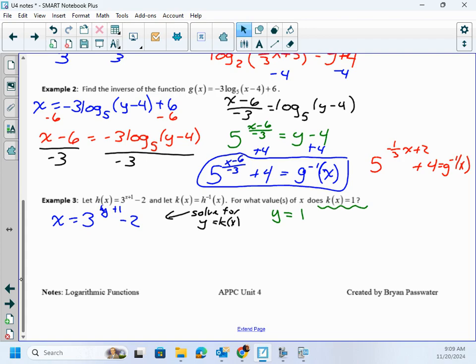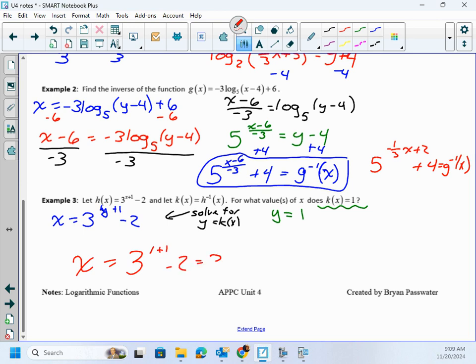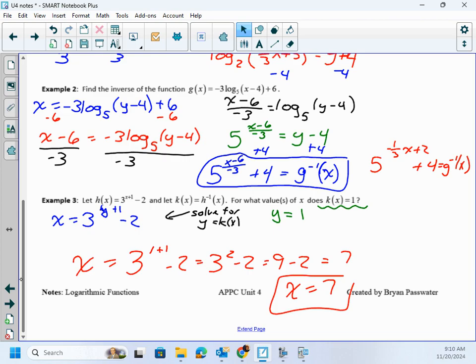I know where y is, I can plug in 1. So I'm going to shortcut it. 3 to the 1 plus 1 minus 2 equals 3 squared minus 2, or 9 minus 2, which equals 7. And x equals 7. When y is 1, x is 7.